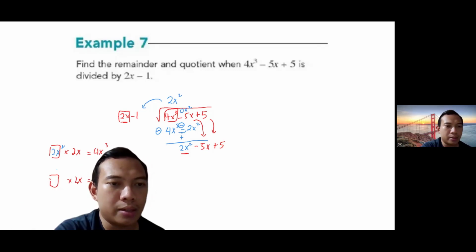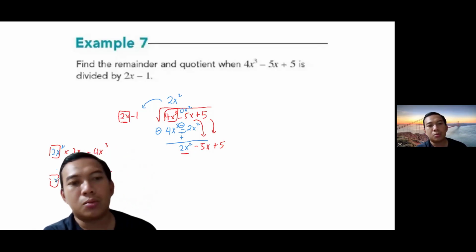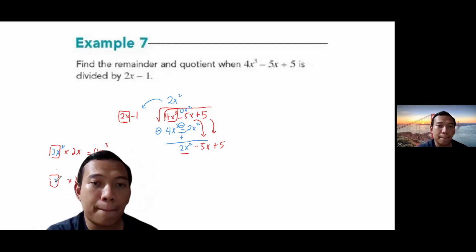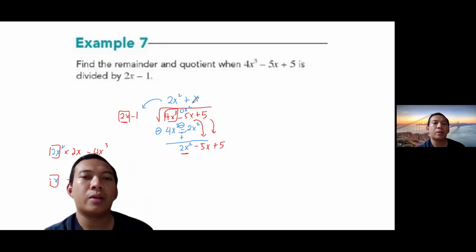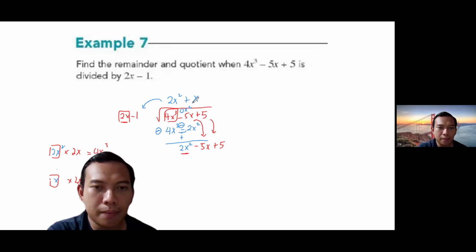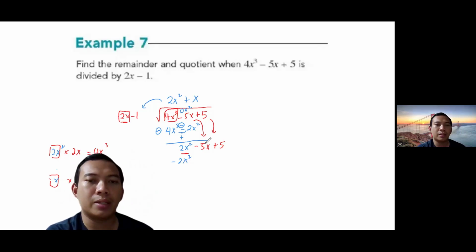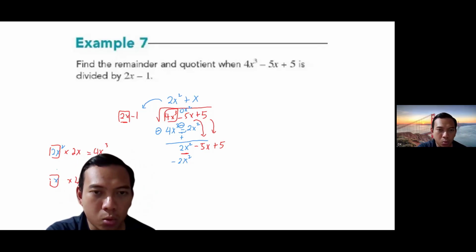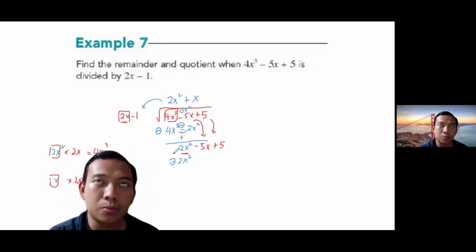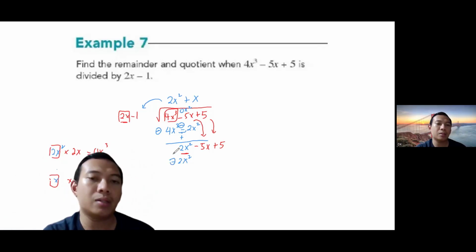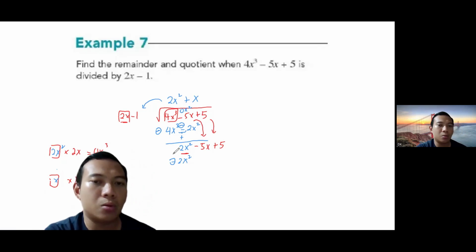It will be an x. x times 2x, you get 2x squared, but of course, automatic minus, because from the top you will get a 0.